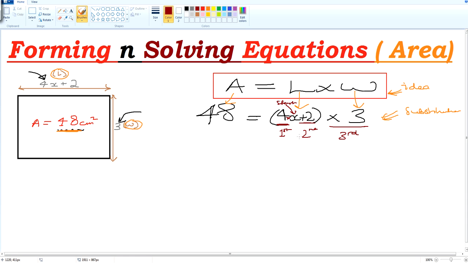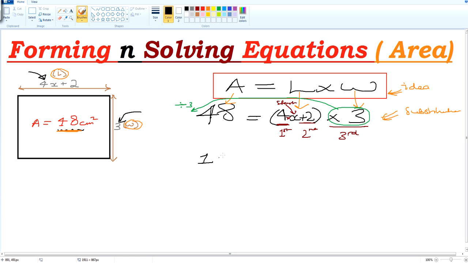So if we can get away with not multiplying the brackets in this instance, we can just move the multiply by 3. Grab it by the scruff of the neck, take it all the way over to the other side. Opposite of times by 3 is divide by 3, so we have 48 divided by 3, which will give us 16.